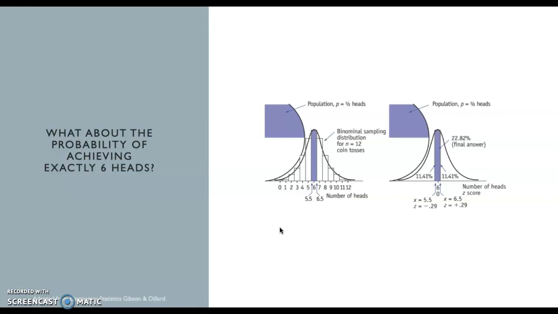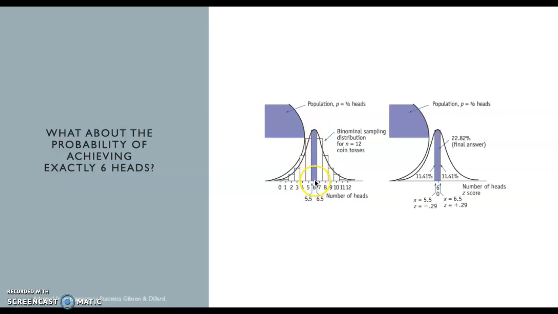Now let's go back to our question. We still continue with the same question, but we didn't answer the last part. What about the probability of achieving exactly 6 heads? In order to do that on our histogram, we are going to shade the bar representing exactly 6 heads.